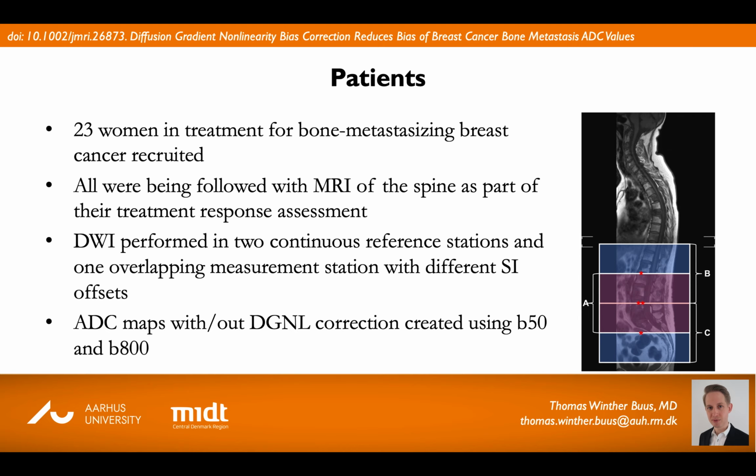We performed DWI in 2 continuous reference stations and placed 1 overlapping measurement station with its isocenter where the 2 continuous stations met. This means that we had 28 centimeters with 2 stations with different SI offsets. From the B50 and B800 images, we created ADC maps with and without correction.